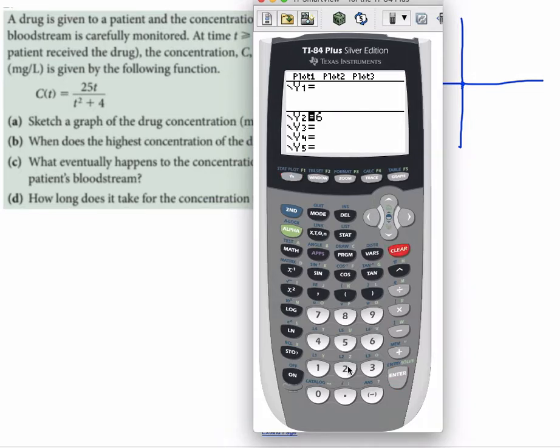So we have 25x divided by x squared plus 4. Okay, let me delete this one here. Okay, so I'll graph that.